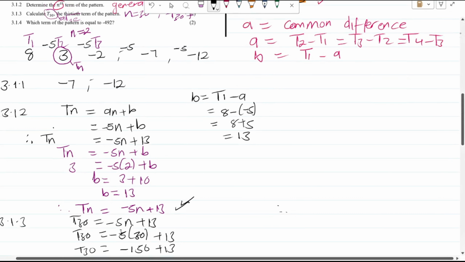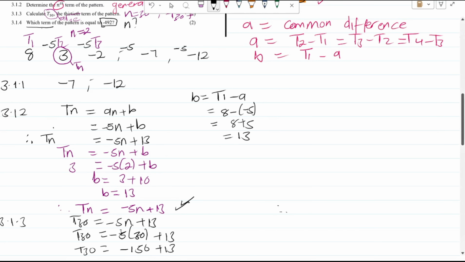Our last question says, which term of the pattern is equal to negative 492? If you see which term, that means that this question is looking for n, because we already have the value, right? This is like where there is Tn, you substitute the value that we have.